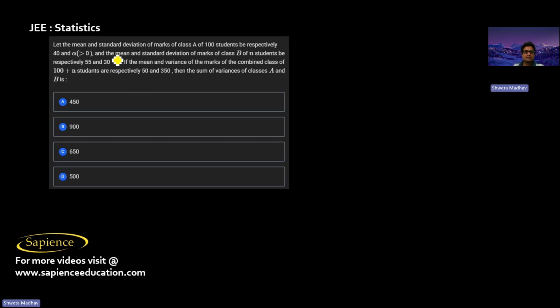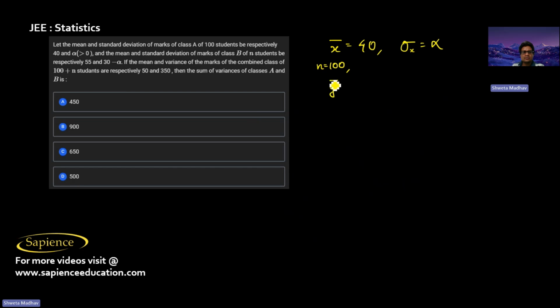Then here it is told that the mean and standard deviation of marks of class A of 100 students are basically 40 and alpha. The mean value, that is 40, and the standard deviation sigma x is equal to alpha. The n is equal to 100. Then the mean and standard deviation of marks of class B of n students are the second values.